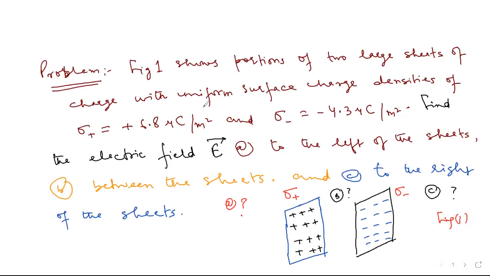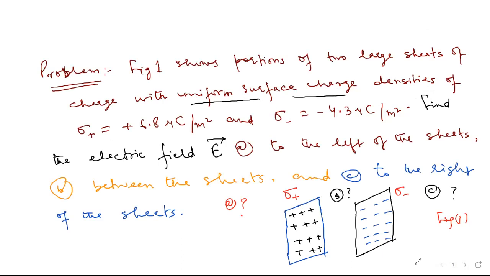You know, if I have an infinite sheet of charge, for example, with positive surface charge density, and we are assuming this surface charge density is constant, it is given as uniform surface charge density.